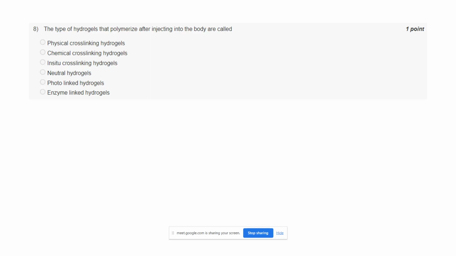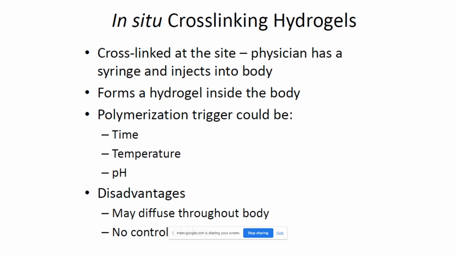The type of hydrogels that polymerize after injecting into the body are called, so this system of making hydrogels is known as in situ cross-linked hydrogels, where suppose your hydrogel is made of two different polymer chains. You take those two in syringes and you inject it inside the body. Now, because of certain conditions, you can choose polymers depending on the trigger.